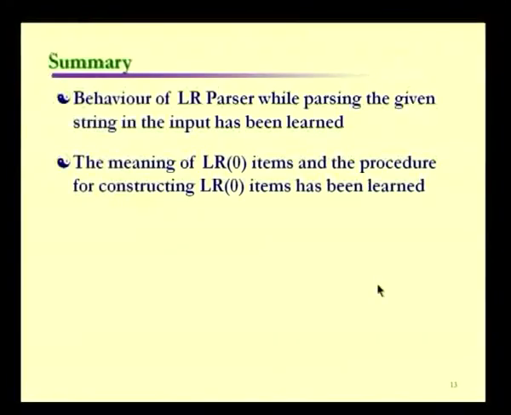To summarize, we have studied the behavior of the LR parser while parsing the given string, and then we have studied the LR(0) items and their role. The LR(0) items are used for constructing the SLR parsing table, which is the simplest among all the three parsing table construction methods.